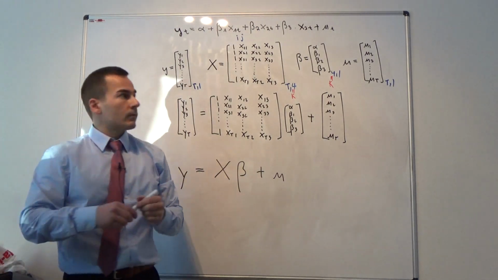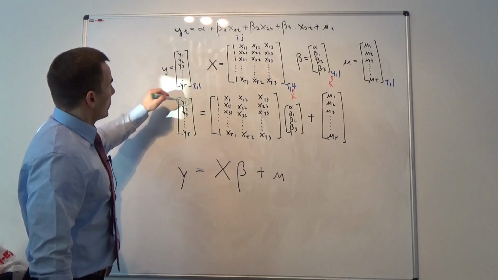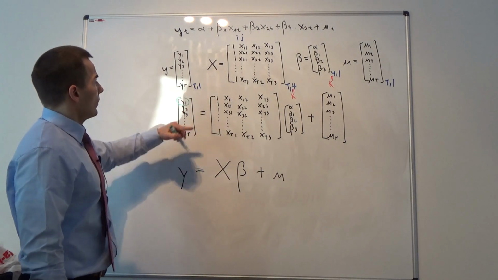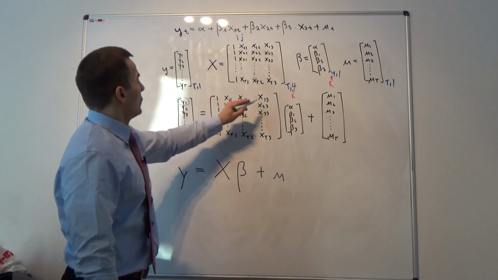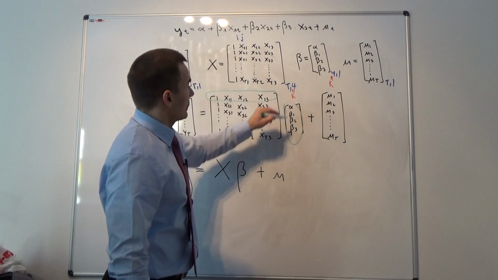And we can do this for the first observation. We take the first row and multiply it with the beta vector.